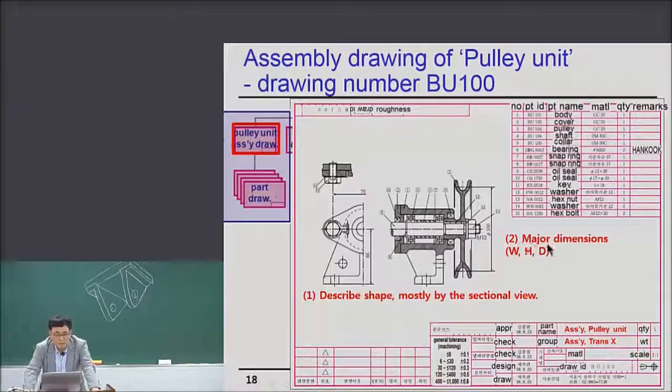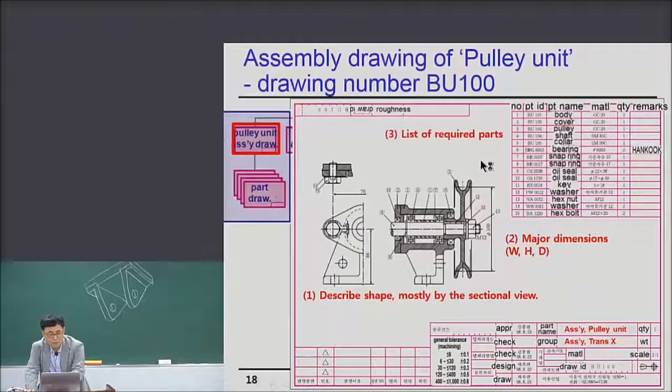The second step is to place major dimensions only: width, height, and depth. That's enough. Never try to give every detailed dimension. In an assembly drawing, you don't need to place the detailed dimensions. Only major dimensions are enough: width, height, depth information only.